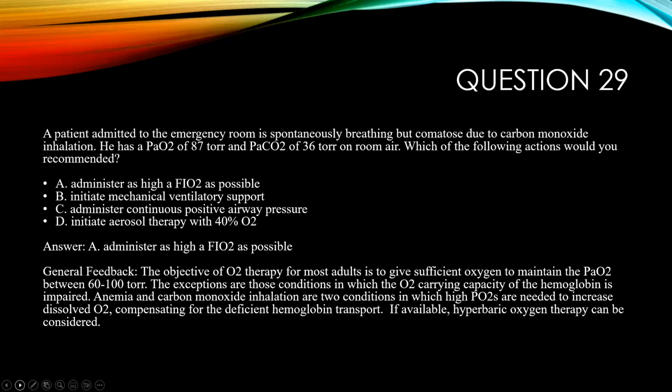The other category would be carbon monoxide poisoning. These are two conditions in which high PaO2s are needed to increase dissolved O2, compensating for the deficient hemoglobin transport. If available, hyperbaric therapy is another viable consideration as well, but it's not a choice in this case.